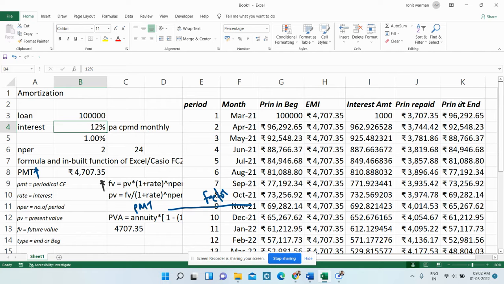So what we have done here is we divide it by 12 months. If it is on a daily basis, then we will divide by 365, and daily interest is calculated. But of course, it has to be cumulated and paid on a monthly basis.